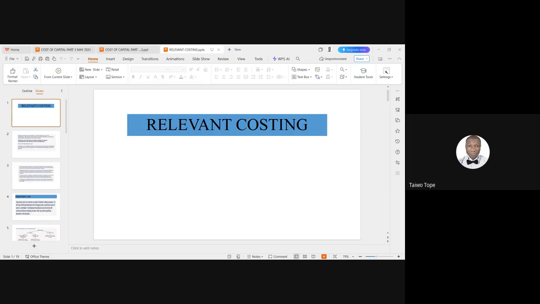Now, if you are asked what are the relevant costs associated with May Diet 2026 ICAN exams, and you start bringing the historical cost, the cost of how you registered for ICAN, paying 11,000, looking for a chartered accountant that would sign, all those costs are not relevant as far as today is concerned.